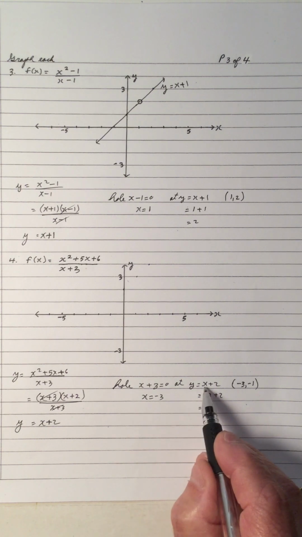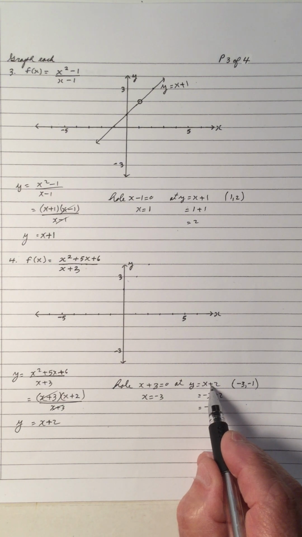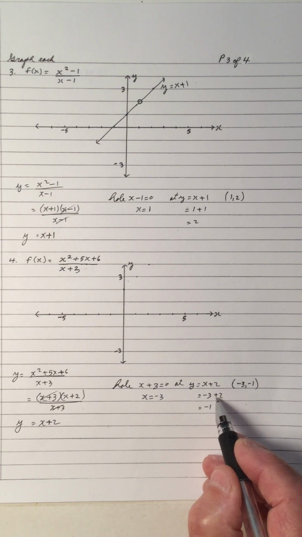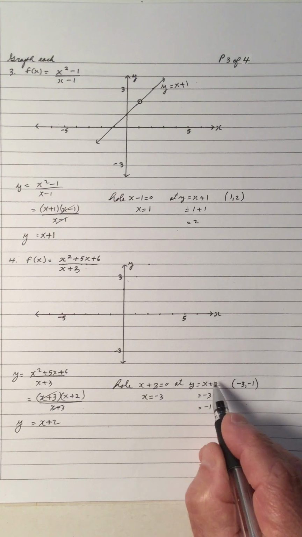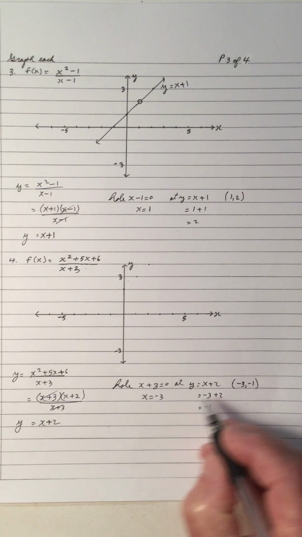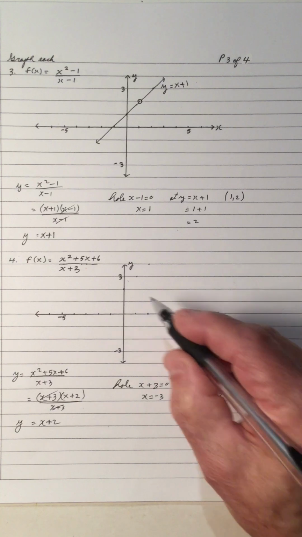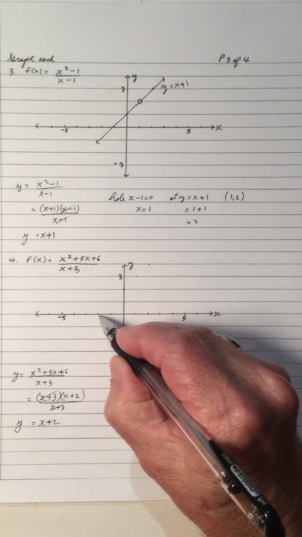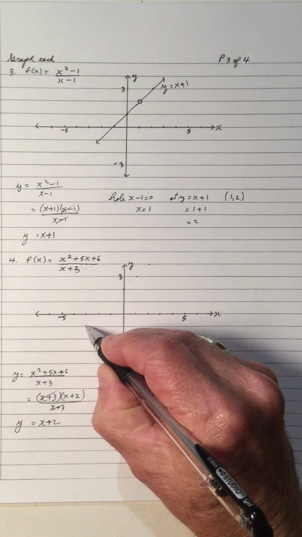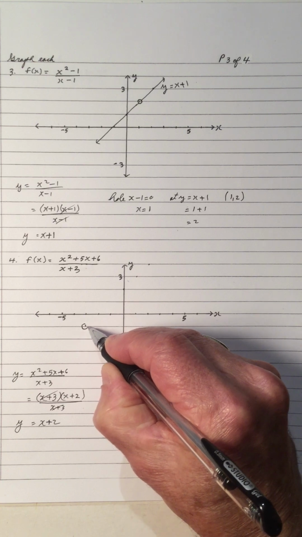Again, we make x plus 3 equal to 0. We get x is negative 3. Put x equals negative 3 into x plus 2, and you get negative 1. So when x is negative 3, y is negative 1. That's right there. So the hole is right here.